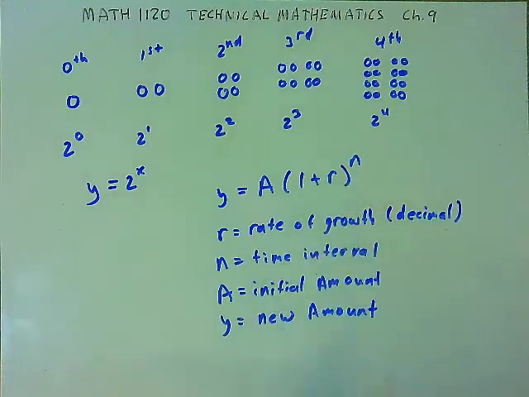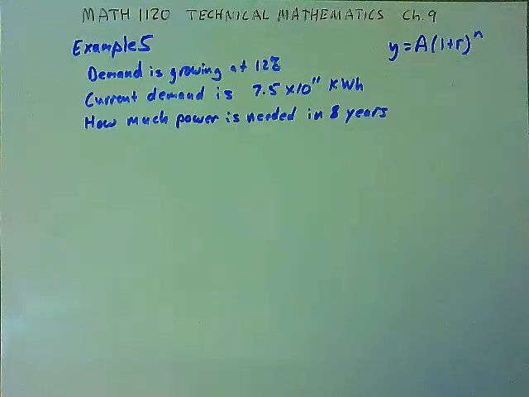Okay. And we'll see here in just a second where this formula comes from and why it looks the way that it does. This is example 5. It says, according to the records of a utility company, the demand for electricity in its area is growing at a constant annual rate of 12%. So we have demand is growing at 12%.